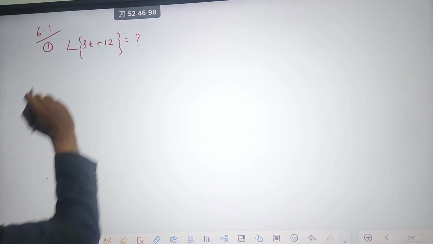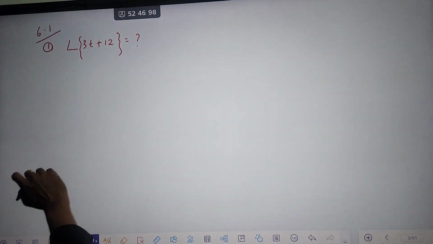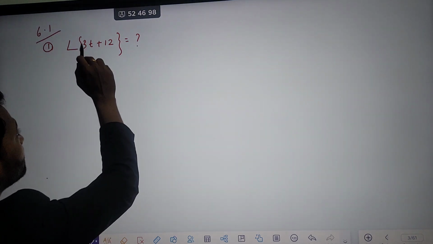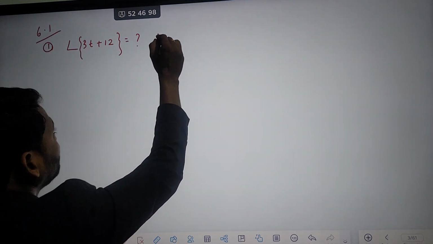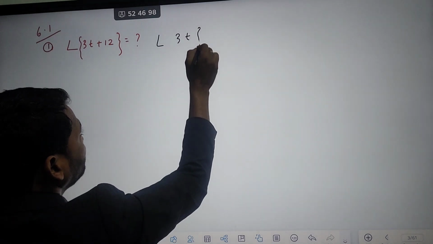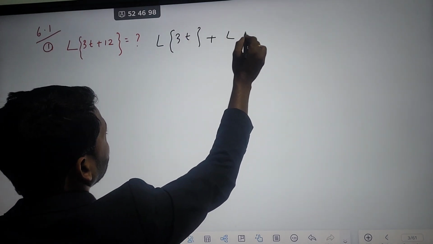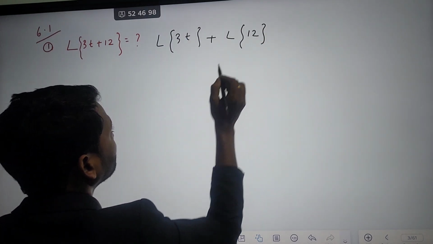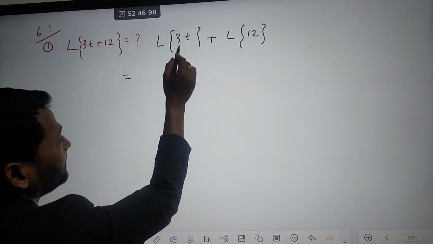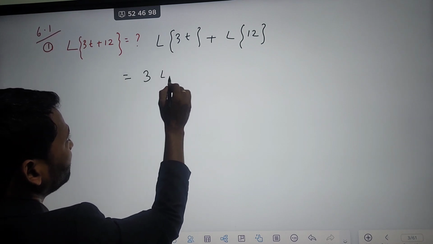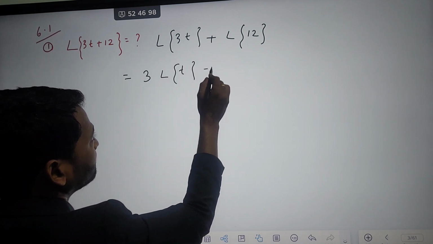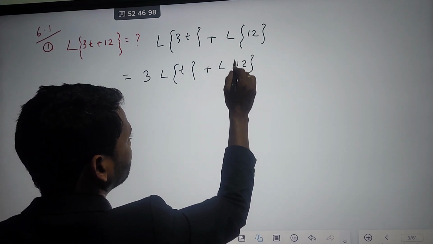Let's start. Exercise 6.1, question number 1: find Laplace of 3t plus 12. We can write Laplace of 3t plus Laplace of 12. 3 is a constant, so take it outside: 3 Laplace of t plus Laplace of 12.